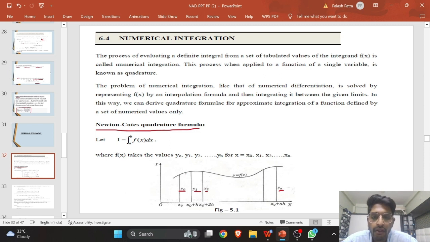The corresponding x values for y0 is x0, for y1 it's x0 plus h, for y2 it's x0 plus 2h, and so on up to yn, which is x0 plus nh.